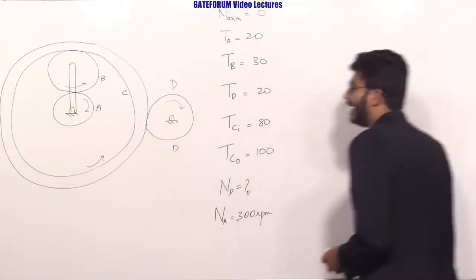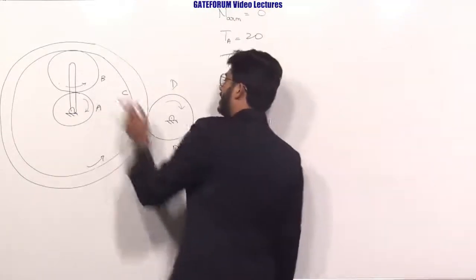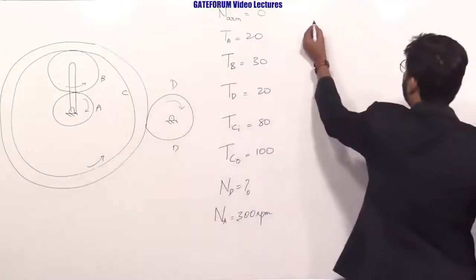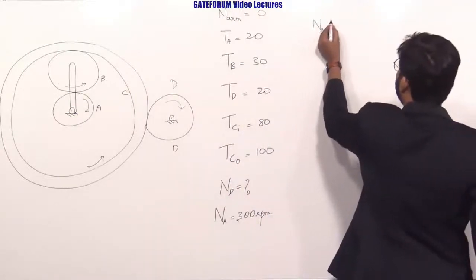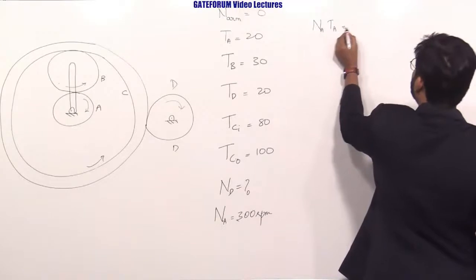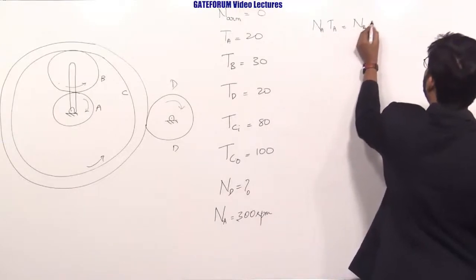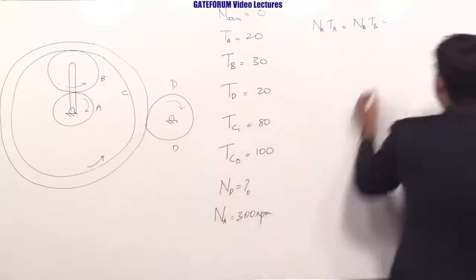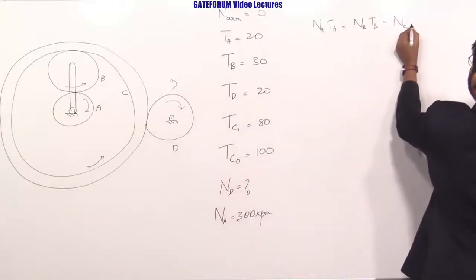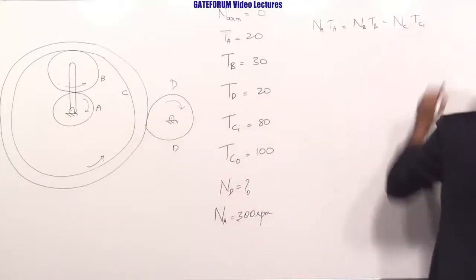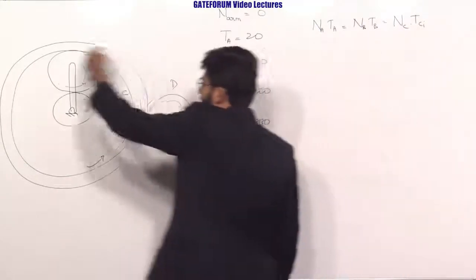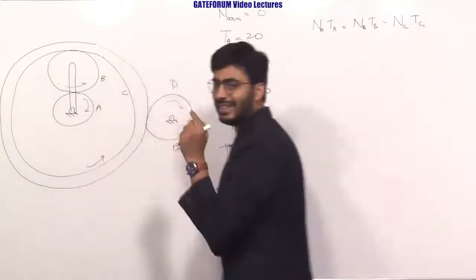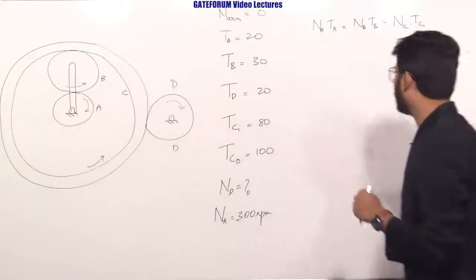Now A is in mesh with B, so the pitch line velocity of A and B will be the same, NA TA equals NB TB, and B is directly in mesh with C. The inner circumference of the gear is in mesh, so the pitch line velocity at the inner circumference will be the same, not at the outer circumference.